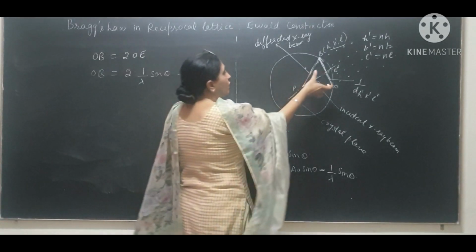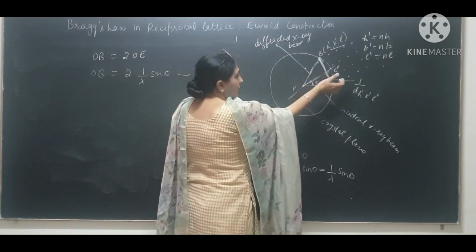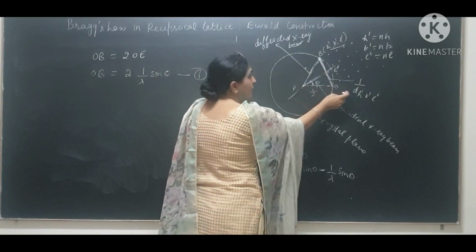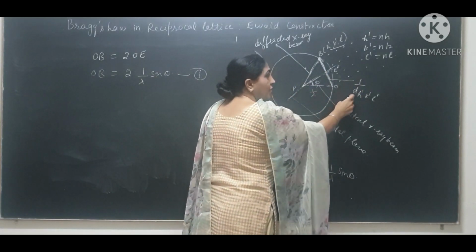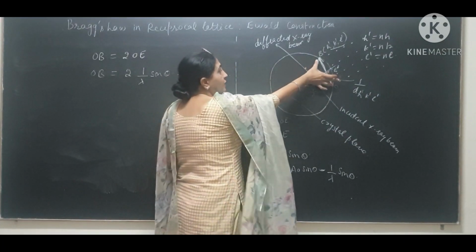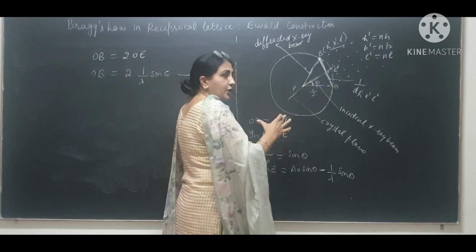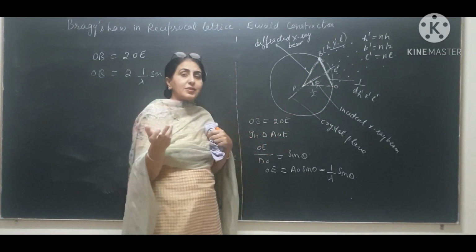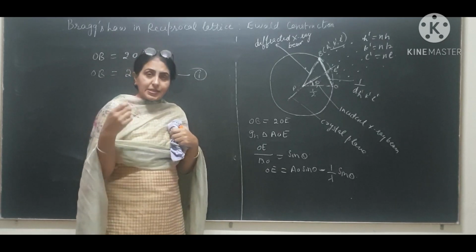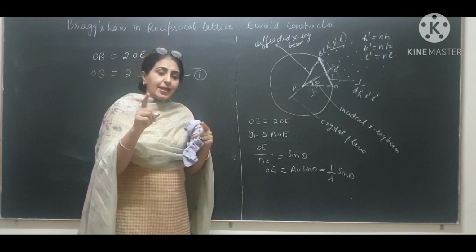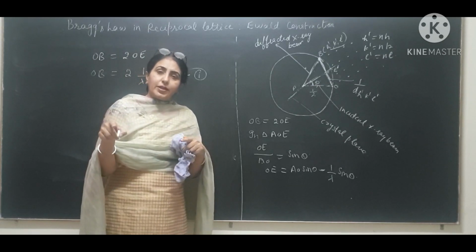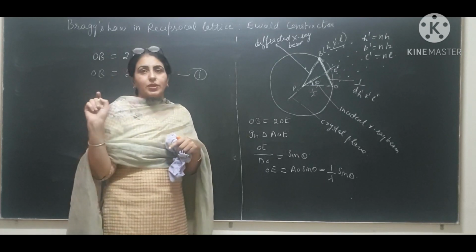And also OB is equal to the reciprocal of the distance between the planes, because this is perpendicular to the planes and lies in the reciprocal lattice. We know how the reciprocal lattice forms: when we draw normals to the lattice planes, the length of that normal is 1 over d, and the end points where the length becomes 1 over d form the reciprocal lattice.